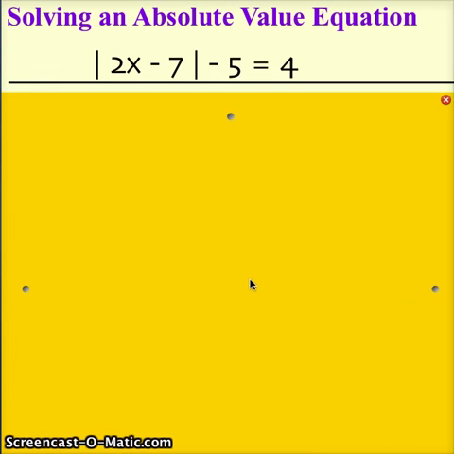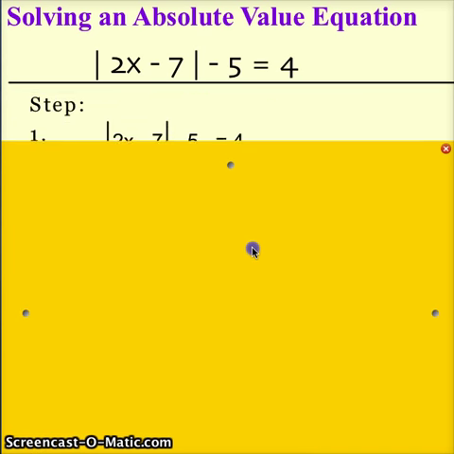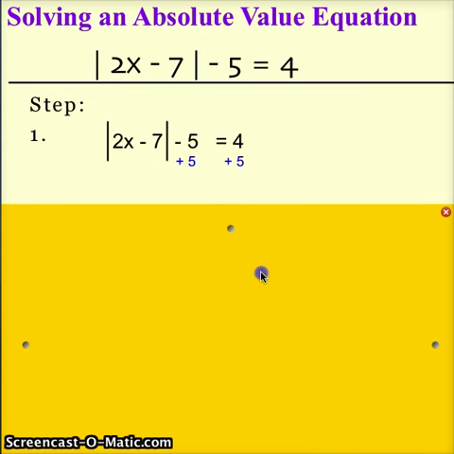The absolute value of 2x minus 7, minus 5, equals 4. Well, I need to get the absolute value by itself, so let's add 5 to both sides. You get the absolute value of 2x minus 7 equals positive 9. Again, because we get that positive 9, we're ready to go to step 2.